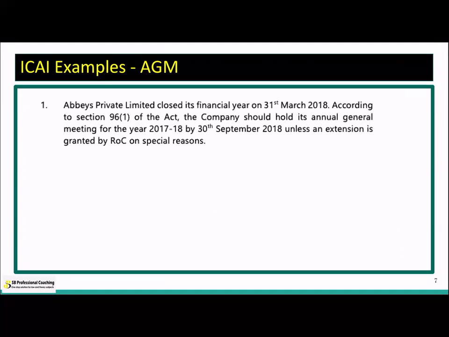As over here in the question it is not specified whether it is a first AGM or subsequent AGM, obviously, if it is a subsequent AGM, then it has to be within 6 months of the closing of the financial year. And if it is a first AGM, then it shall be within 9 months. So here the answer given is 30th September 2018.